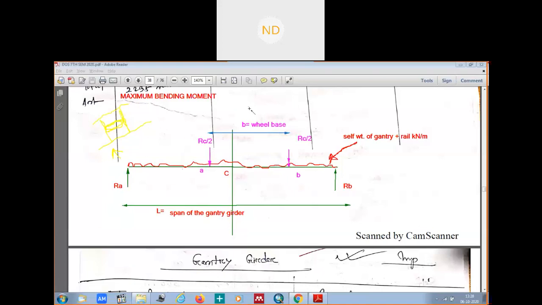Here somewhere. So this blue line is the center of this wheelbase.